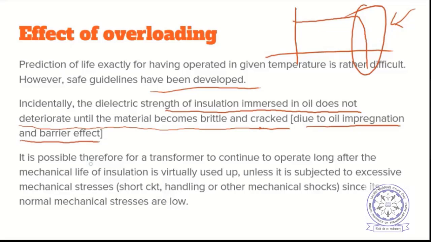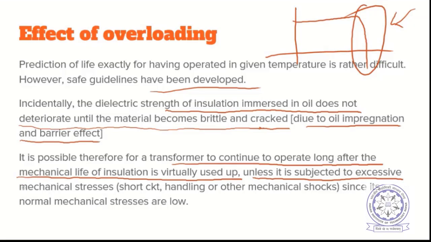So it is possible for a transformer to continue to operate long after the mechanical life of the insulation is virtually used up, unless there is a disturbance to the mechanical structure of the insulation. It will go on surviving because oil is already there, unless it is subjected to excessive mechanical stresses. When will excessive mechanical stresses happen?